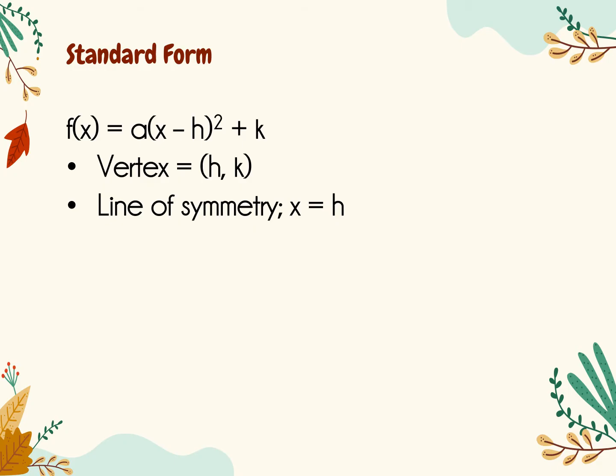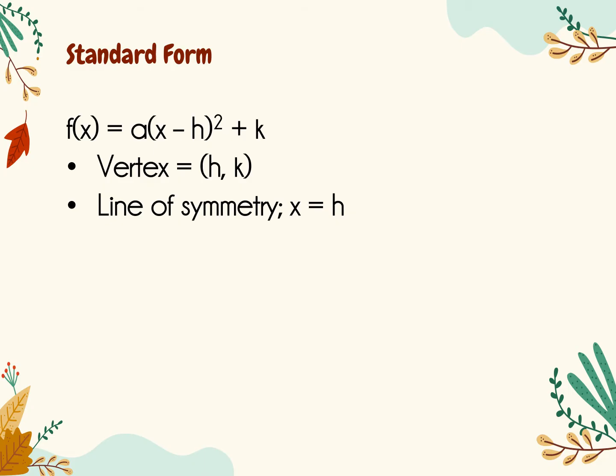Now this is what our book calls standard form. Again, other books call this vertex form. We are going to be using completing the square to change our quadratic form into this standard form. Again, remember the letters H and K in this standard form represent the vertex.